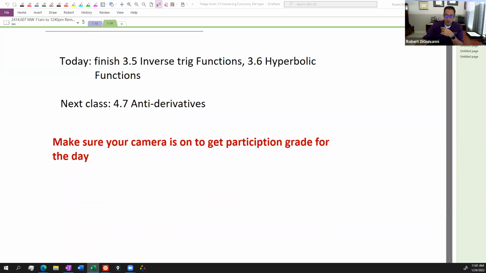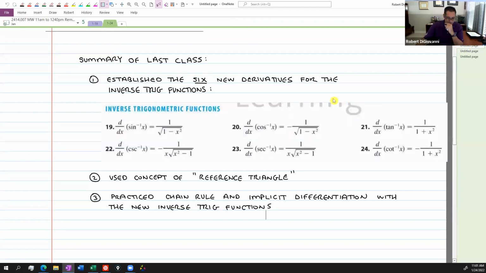I wanted to do a real quick recap of what we talked about last time. The main idea is that we established the functions we had established in pre-cal, the inverse trig functions. We established that each of those 6 inverse trig functions have derivatives, and I gave you where it is in the formula sheet.